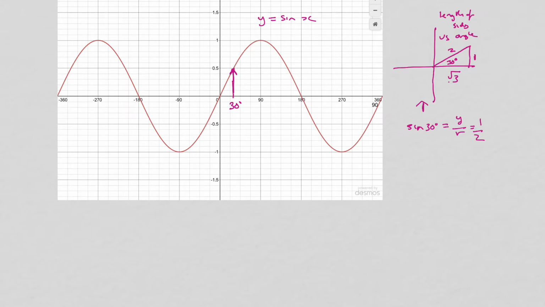So the x and the y values are in fact lengths of sides, and then we're also including the angles as part of that. Over here, every single time you put an angle into here, okay, I put 30 degrees in there, and I get out a value of a half. What we have is the ratio of the sides versus the angle.